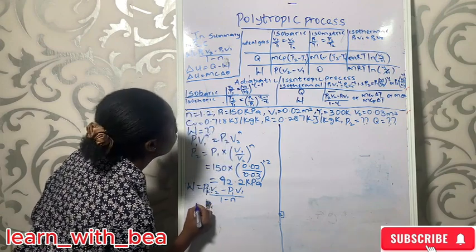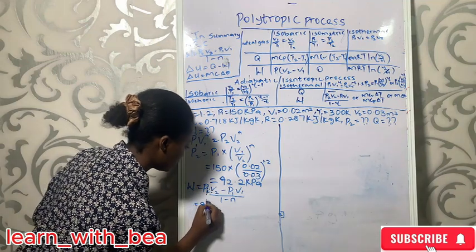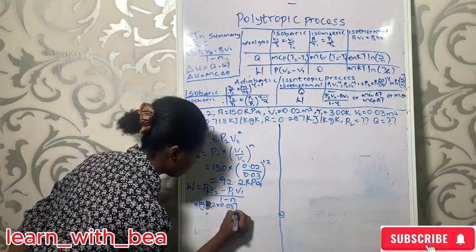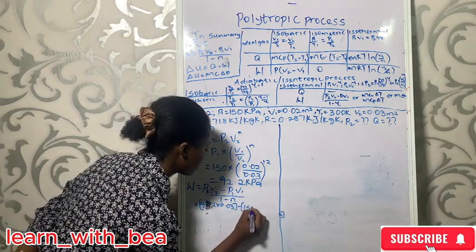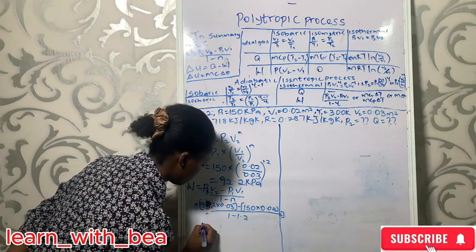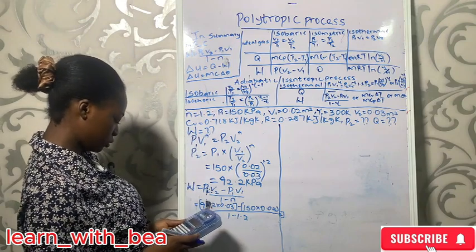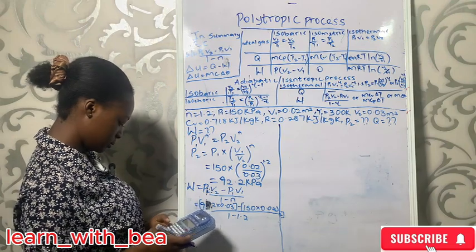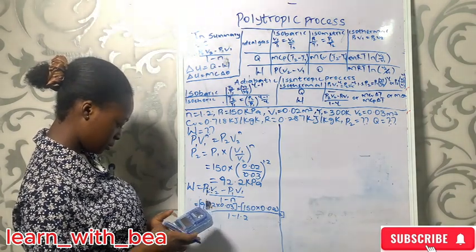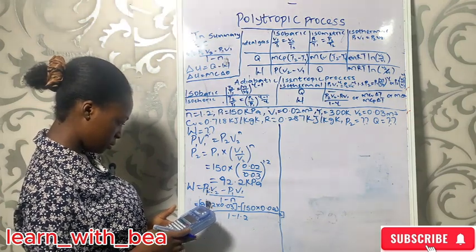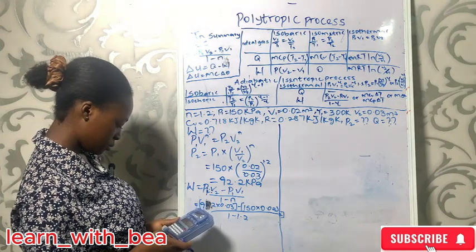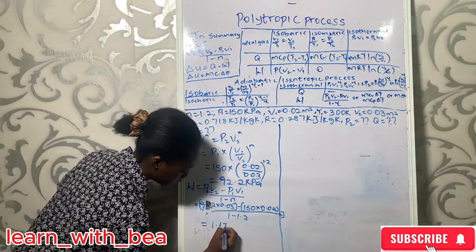P2 is 92.2, V2 is 0.03, P1 is 150, V1 is 0.02, over 1 minus 1.2. This gives us 1.17 kJ.